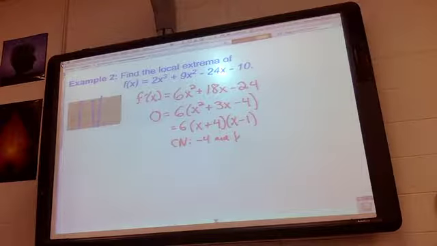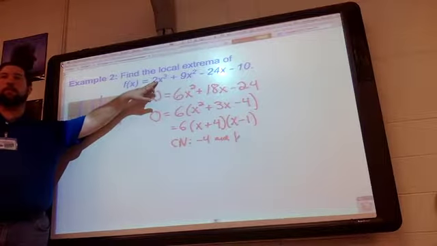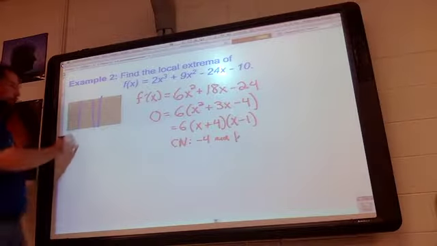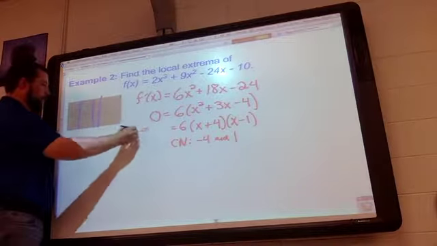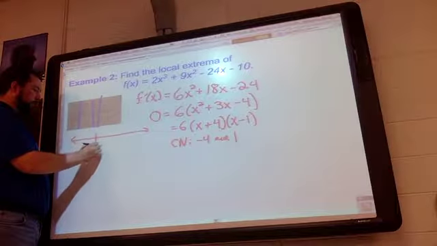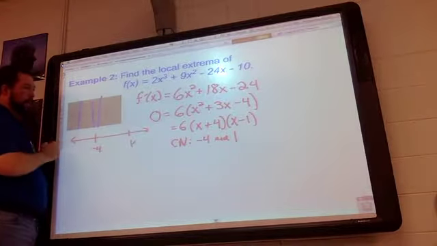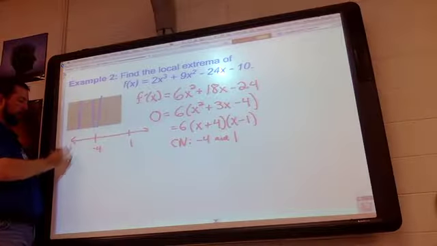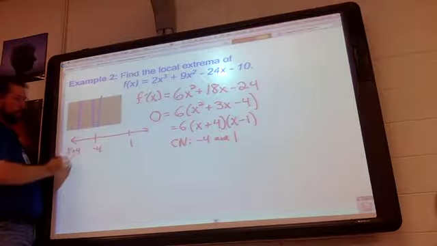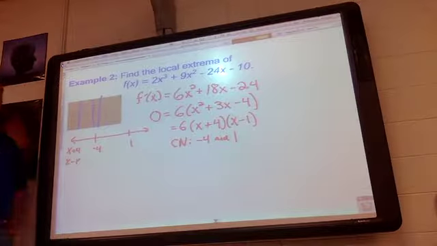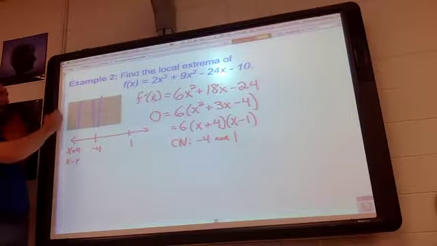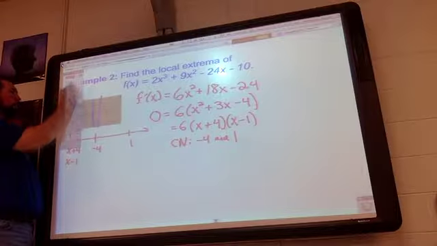I guess we need to make sure those actually work in the original function. They do because it's a polynomial. But when we set up our number line, we've got negative 4 and 1. I've factored the derivative, so I'm going to write the factors to the side, x plus 4 and x minus 1. It helps me figure it out, though you could possibly do it without writing those. Then I'll choose some test points.